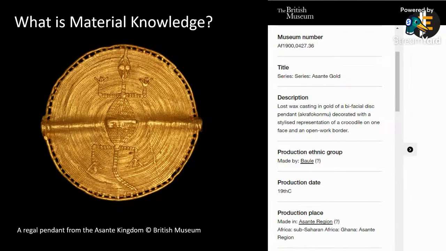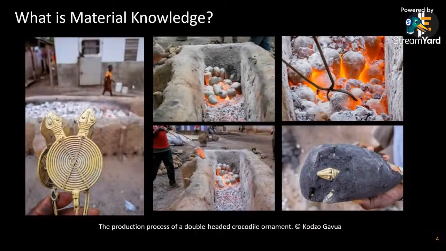All the material knowledge systems that surround the production of the object, and in which the object is also embedded and reused later on by the community. And so this is what we mean by material knowledge.